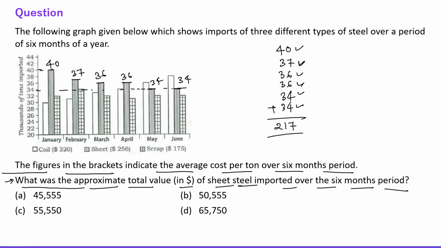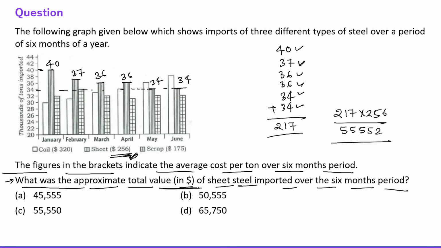We need to find the approximate total value in dollars. It means we need to multiply this value with its cost also. So sheet cost was $256. So 217 into 256 we need to find over here, right? So friends, when we do this calculation, we will be getting 55,552.